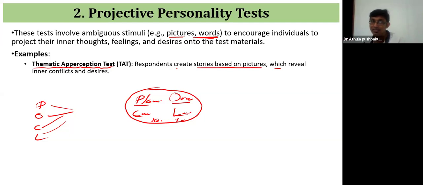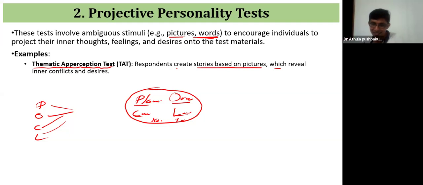These tests also involve ambiguous stimuli, focusing on a picture, but they encourage individuals to project their inner thoughts, feelings, and desires onto the test.